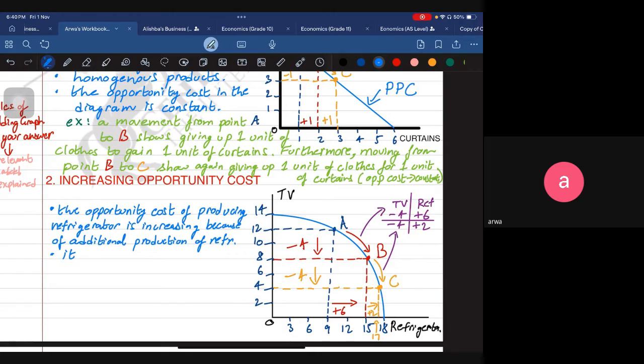It means a fall in production of television at a rapid pace if you switch to making refrigerators. You understand that? If you switch to making refrigerators.